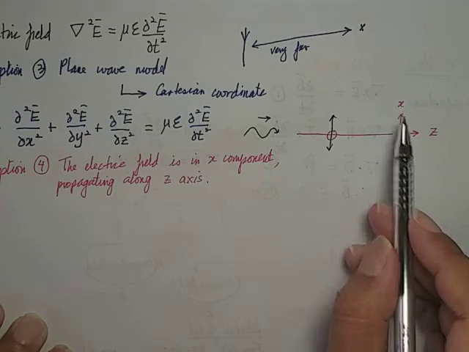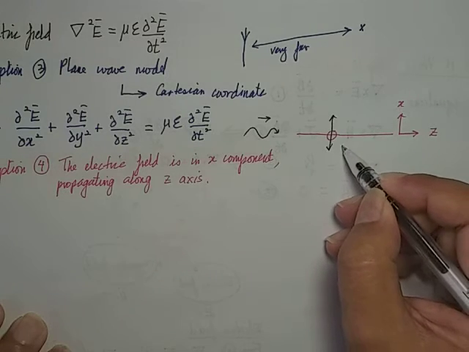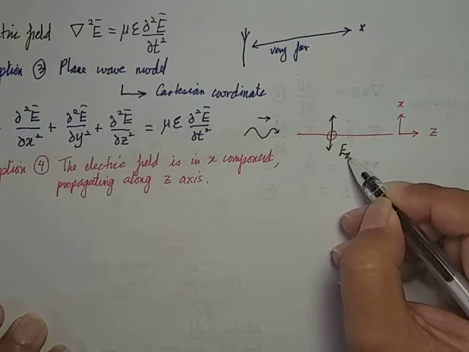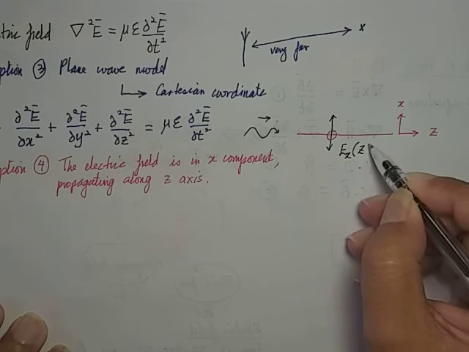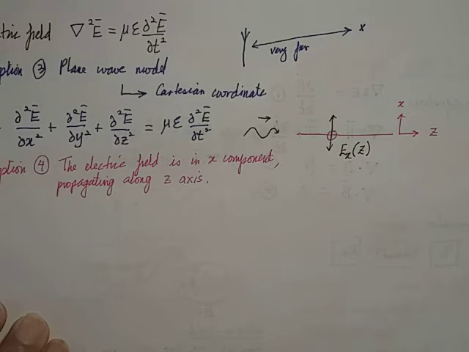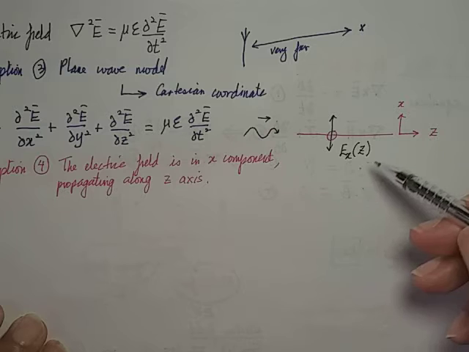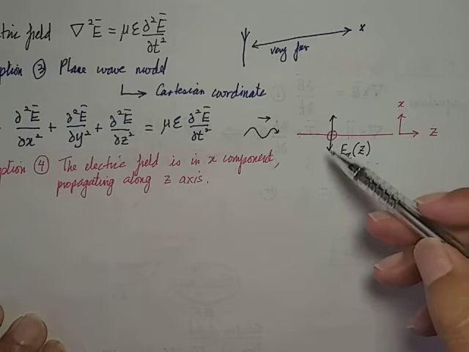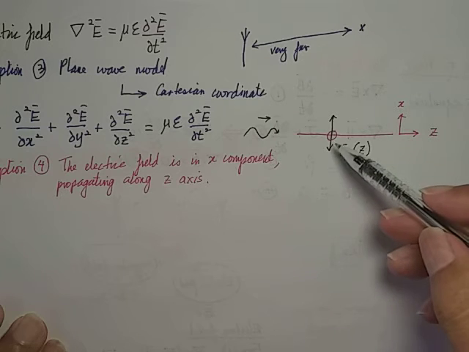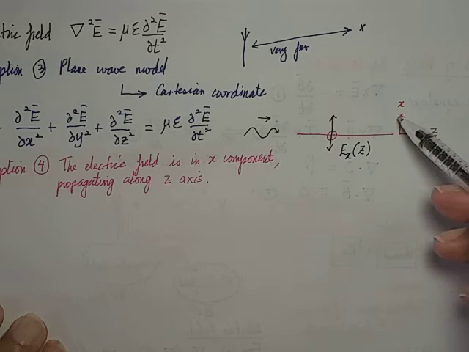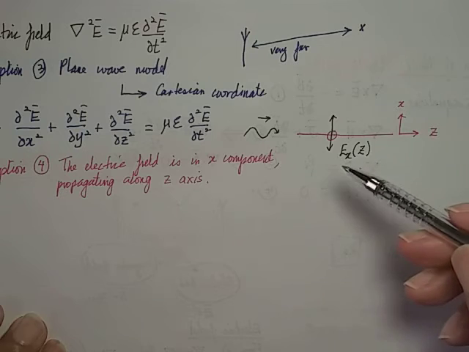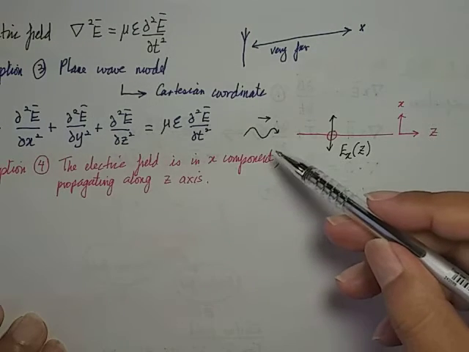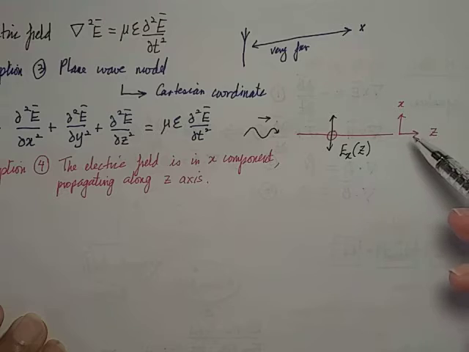So what we're going to state here is that this field, which is our Ex, is a function of z. That's what we mean by that. Meaning we say that E is in the x component propagating in the z direction. So we observe this structure only moving in the vertical direction, as stated here in the x-axis, but whenever we see this wave move, it is moving in the z direction.